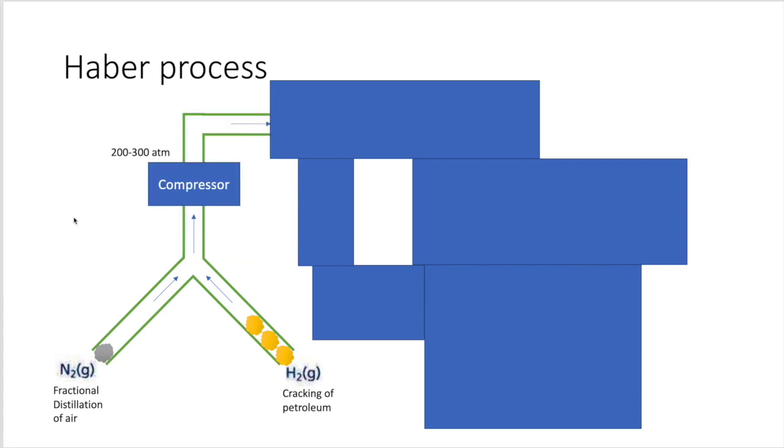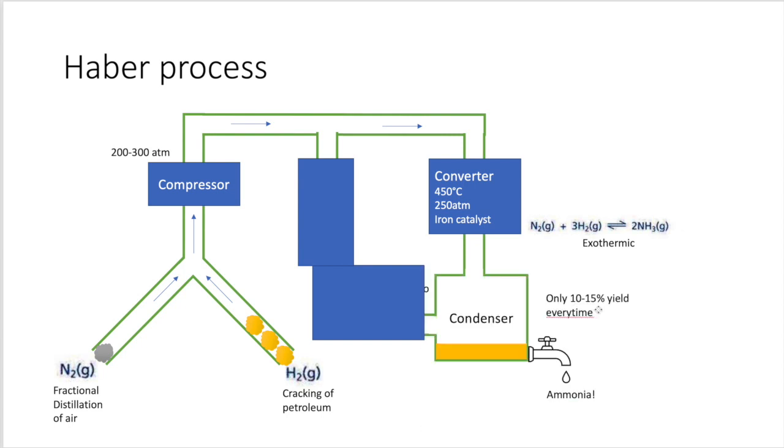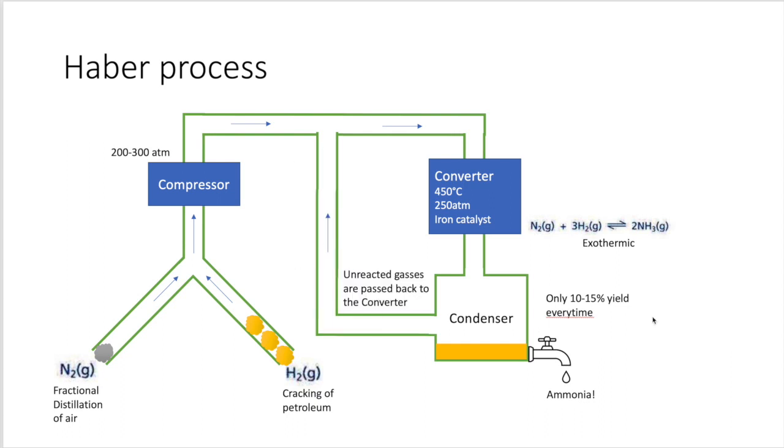And so this compressor will create the pressure condition, and it's being channeled into the converter with the iron catalyst and the temperature and pressure being 450 and 250. The converter will be providing the ideal temperature and pressure, and the condenser will collect the liquid ammonia, which will be channeled away, and the unreacted nitrogen and hydrogen will be pumped back to the converter to maximize the output, which we call the yield per input of raw materials.